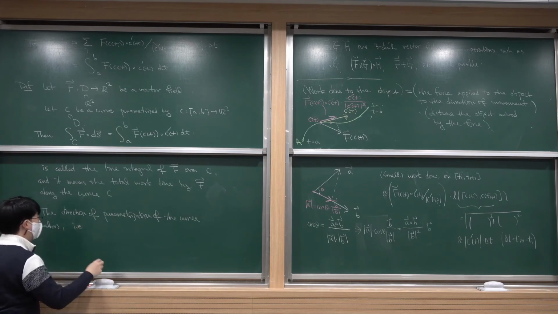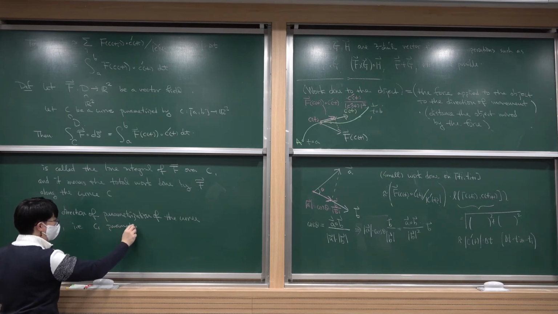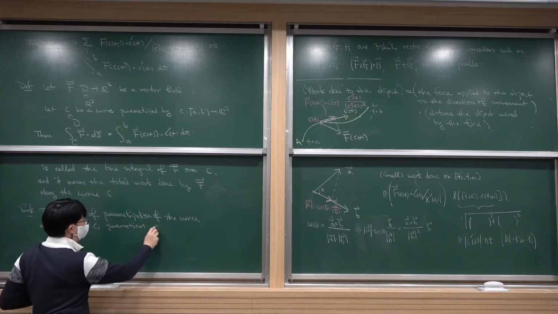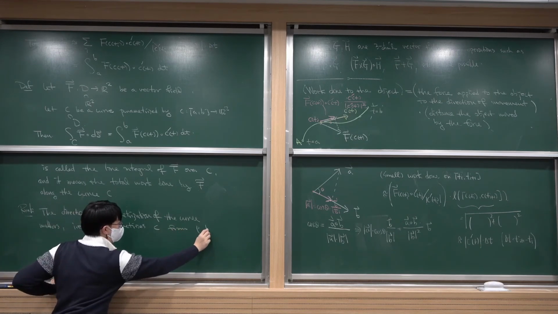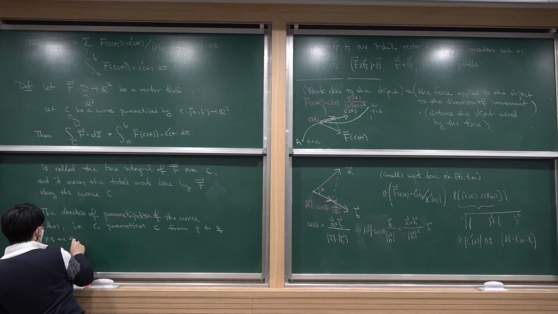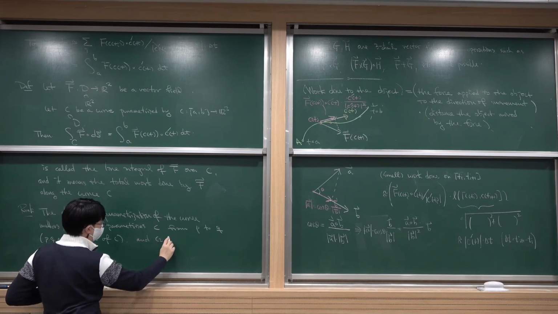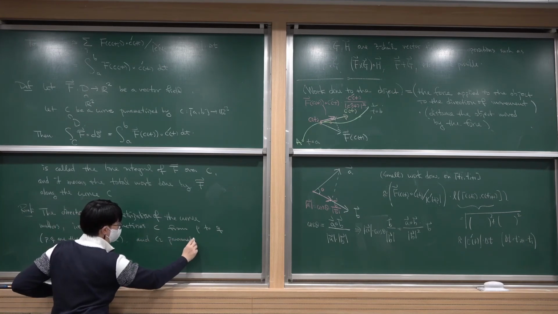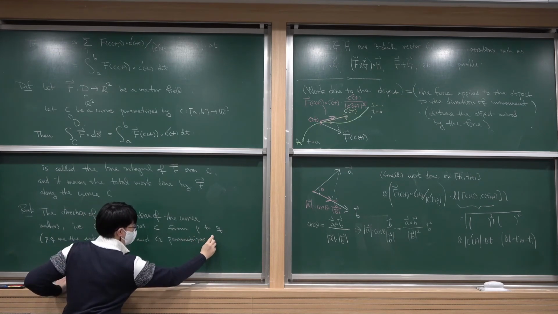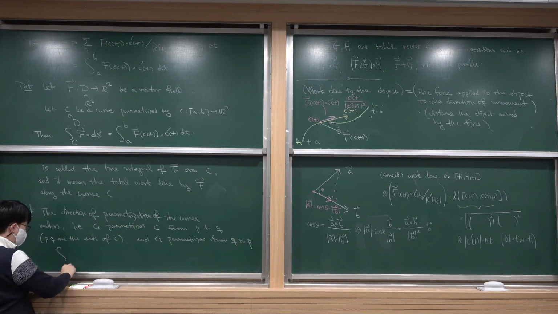Which means if C1 parametrizes this curve C from P to Q, so let's say P and Q are the ends of C, and C2 parametrizes from Q to P, then we have the same curve, but C1 goes from P to Q and C2 is the opposite direction.